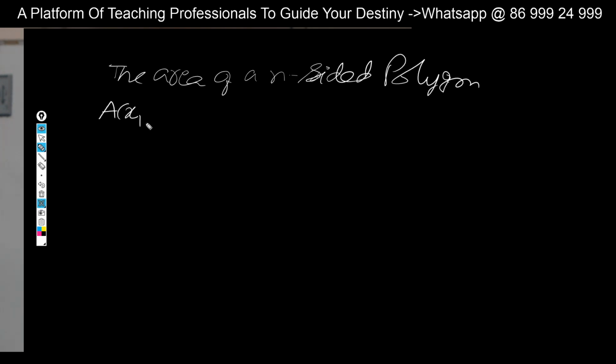A, x1, y1, B, x2, y2. Let me say a1, a2. This is a1.